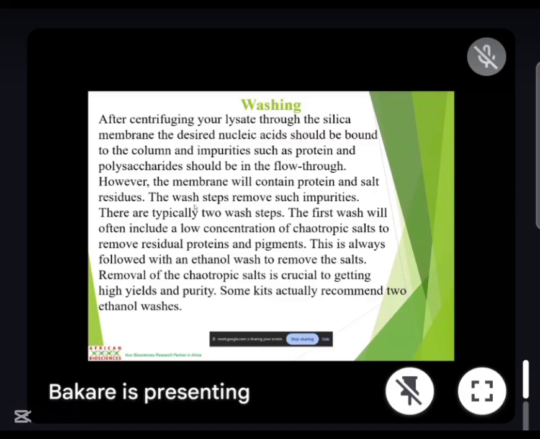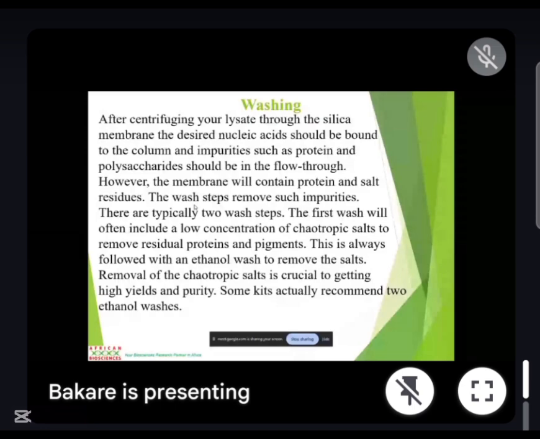Even when you wash twice, no matter how good you are, when you check your concentration, you can still get a low yield. So some kits usually recommend two ethanol washes. I think Forgene uses three washes. You wash twice, but the third wash is just the wash buffer with a little amount of ethanol inside of it.